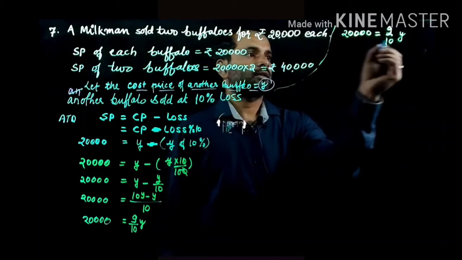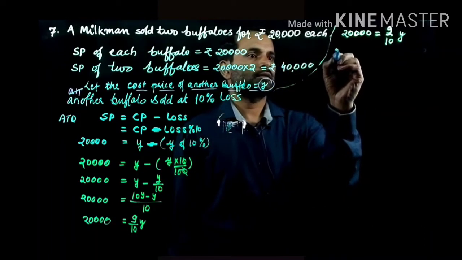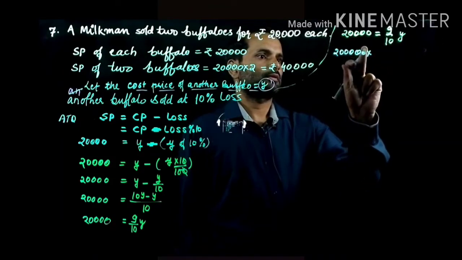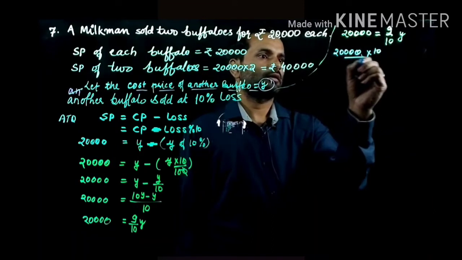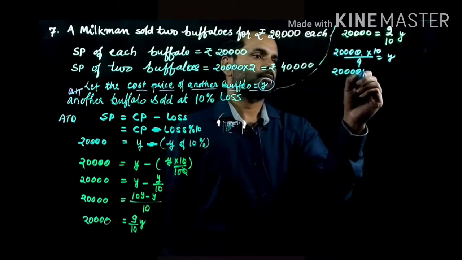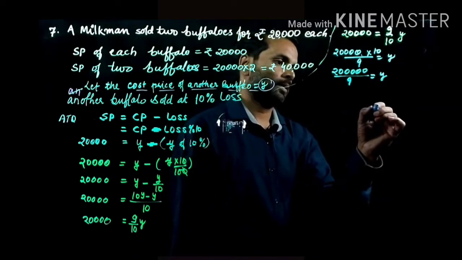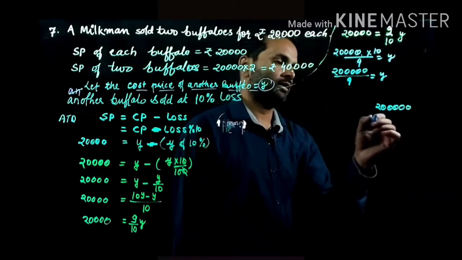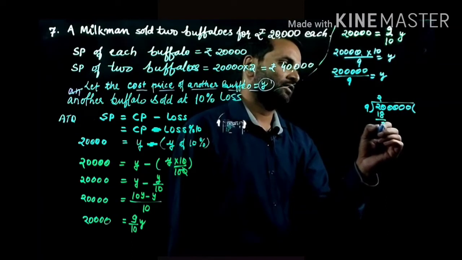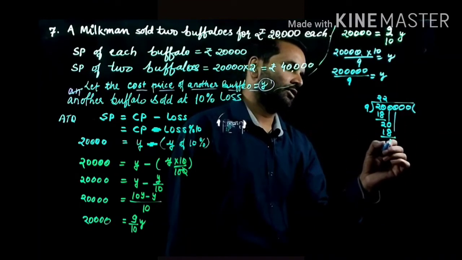Now find the value of Y, because Y is the cost price of the second buffalo. 20,000 into 10 upon 9 is equal to Y. That is 2 lakh upon 9 is equal to Y. Now solve 2 lakh divided by 9. 9 to the 18 is 2, here 0, 9 to the 18 again 0, put the 2 and 0.